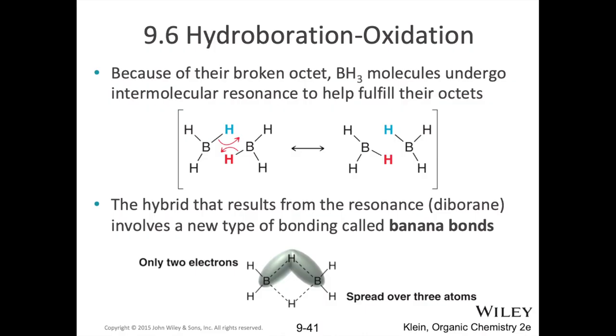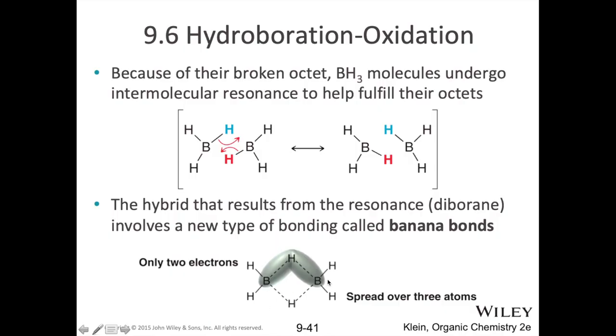Okay. So you'll sometimes see BH3 molecules combining into dimers. They sort of clump together, and they share the electron density across their hydrogens. These are called 3-atom 2-electron bonds, also known as banana bonds.